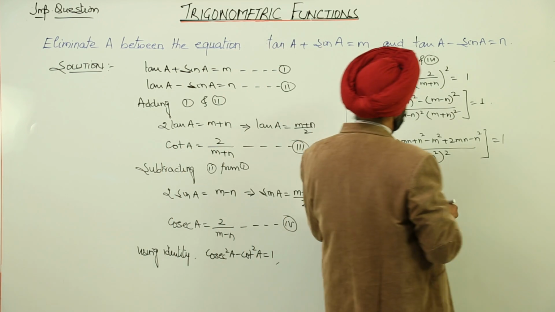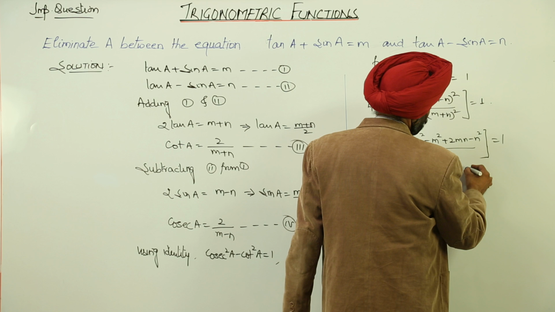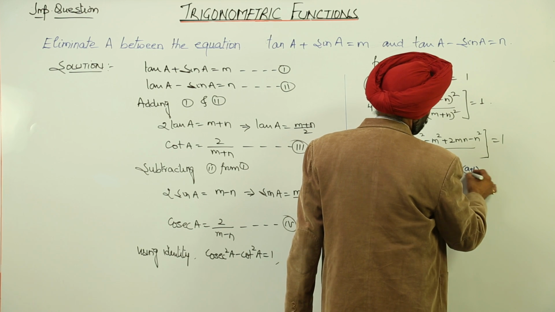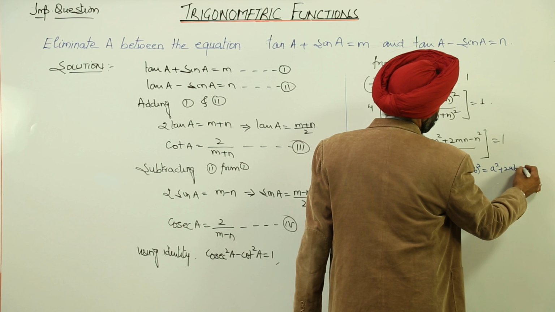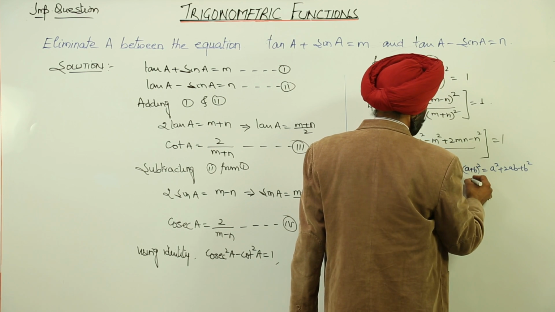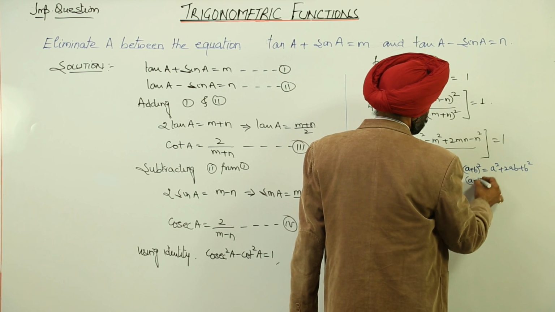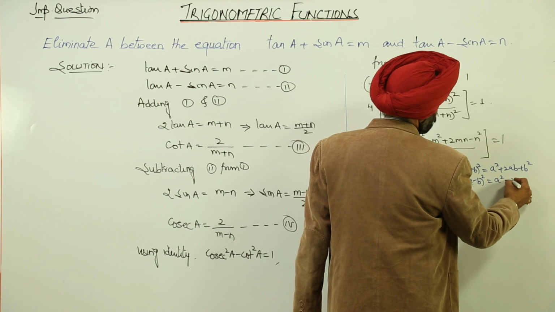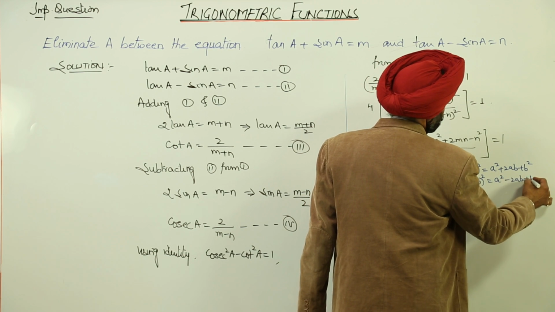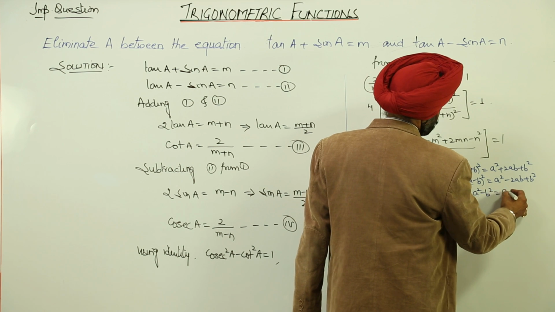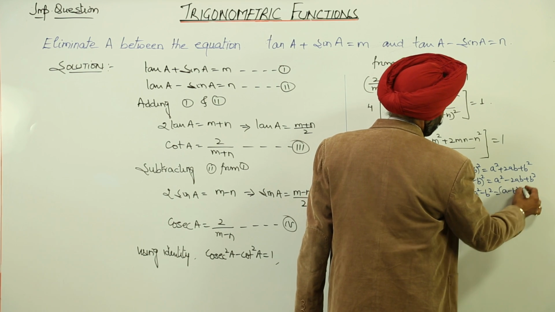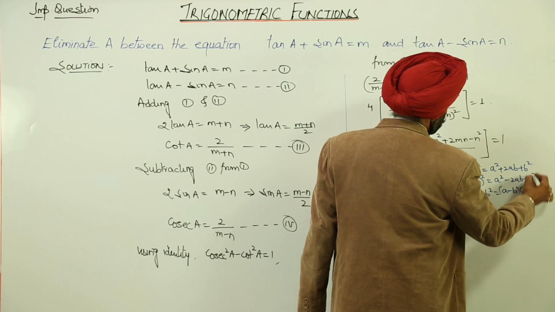We have used the identity a plus b whole square is equal to a square plus 2ab plus b square, a minus b whole square is a square minus 2ab plus b square, and a square minus b square is equal to a minus b times a plus b.